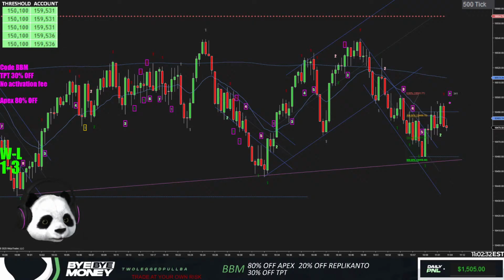Maximum, we can potentially pull out $55,000. If we can get to that third payout and we pull out the max on the 150K accounts, we could potentially pull out $55,000 at one time.